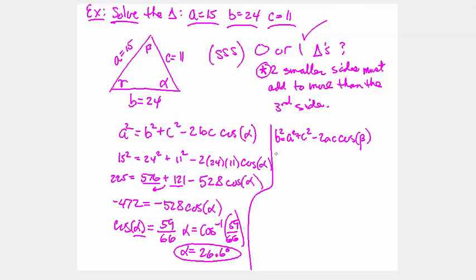So b we have as 24, so 24 squared equals a squared, which is 15 squared, plus c squared, which is 11 squared, minus 2 times a, which is 15, times c, which is 11, times the cosine of beta.